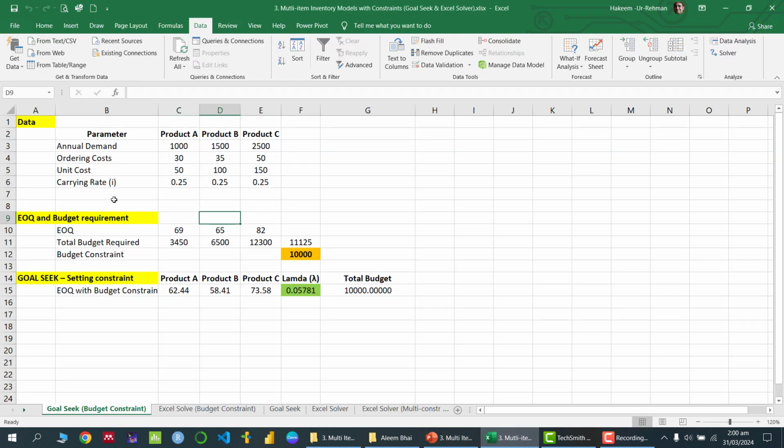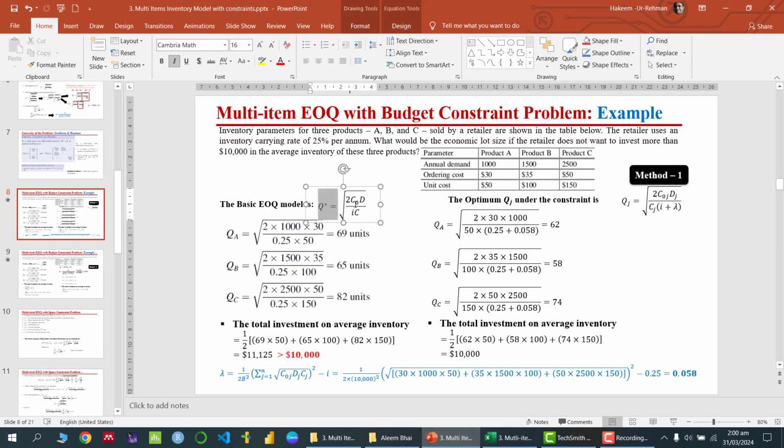Then first of all, we are going to apply the single item economic order quantity formula, which is basically this one. So what was the formula?